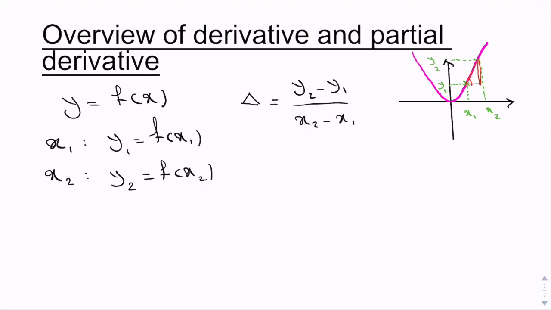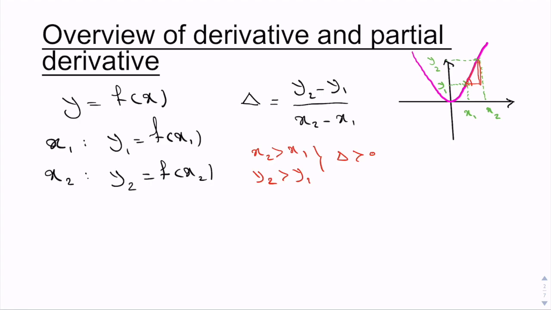We also note that because x2 is greater than x1 and also y2 is greater than y1, we know that delta is positive. In other words, the slope going from x1 to x2 is positive.